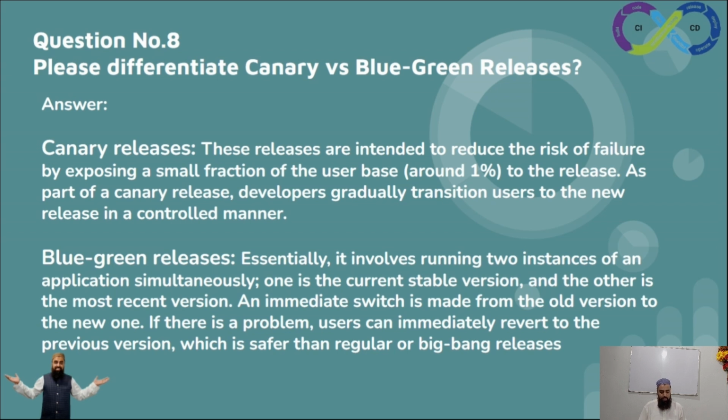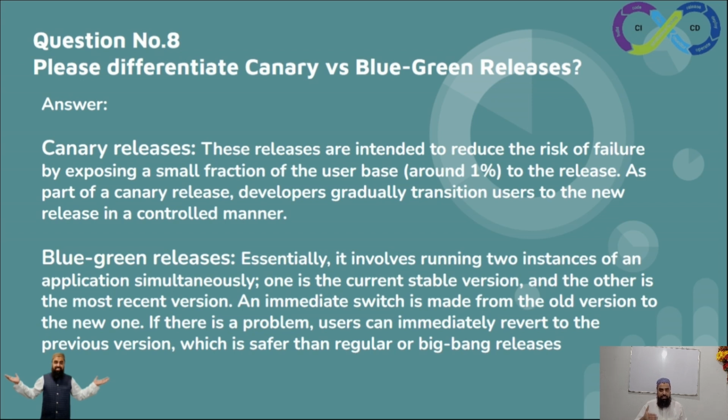As part of a Canary release, developers gradually transition users to the new release in a controlled manner. For instance, if a release has 10 parts, not all the parts are available at one time to the public. In Canary, one part or one module of that release is available, then the second module, then the third, making it to 100% by gradually taking steps, so that at the end the public has the final version of the code.